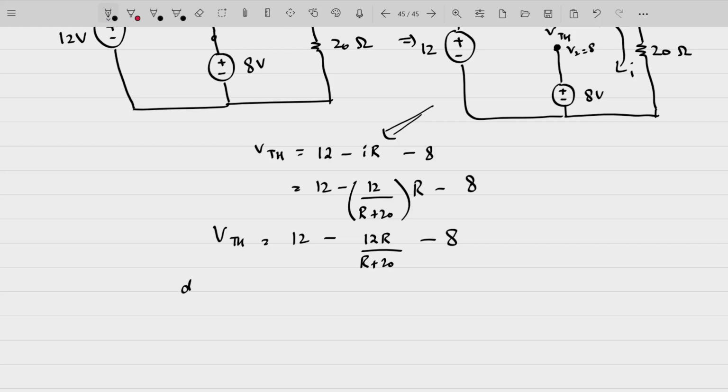Now to find out the maximum power dVth by dr हम निकालेंगे. What will that be equal to? We'll differentiate this. Not differentiate this.